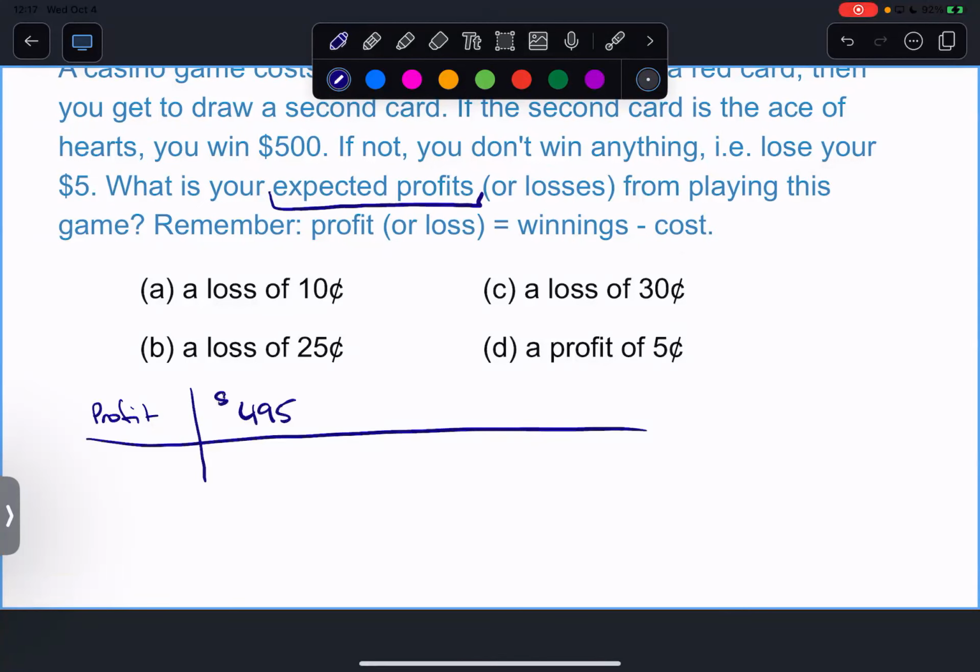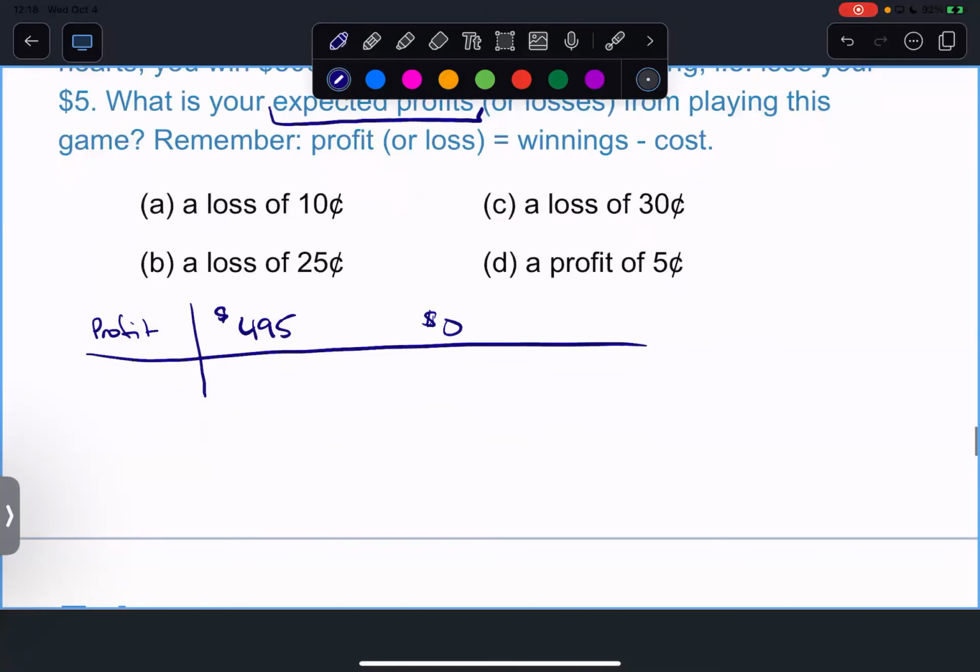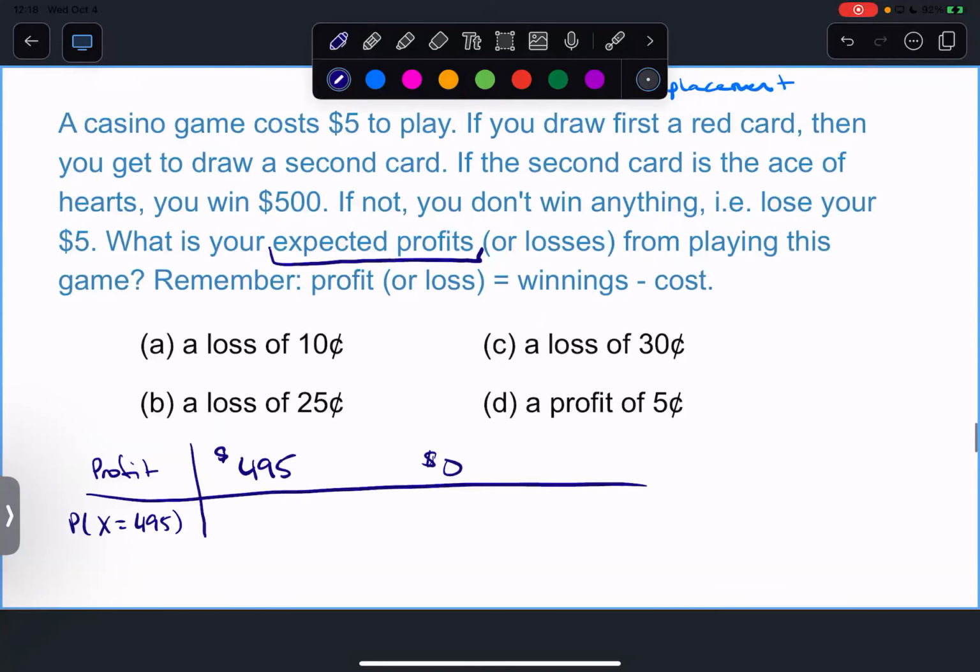Can have a profit of $495, or I can have a profit of $0. Okay. What's the probability that x equals 495? Which is really saying, what's the probability of first drawing, right? First you draw a red card, then you draw the ace of hearts.